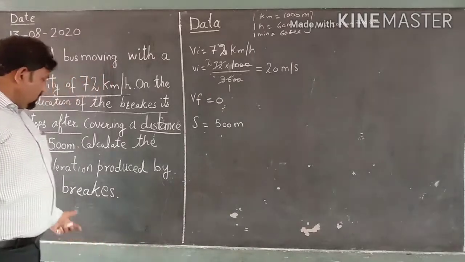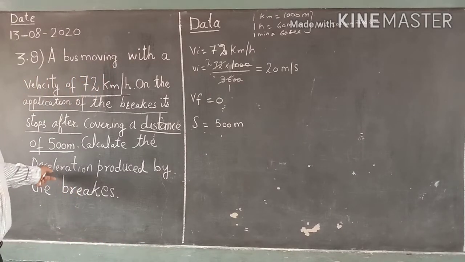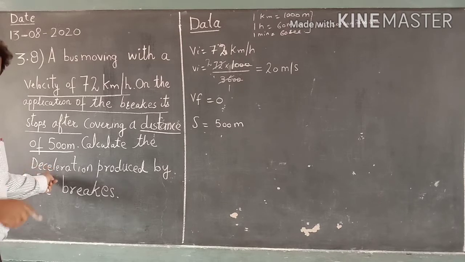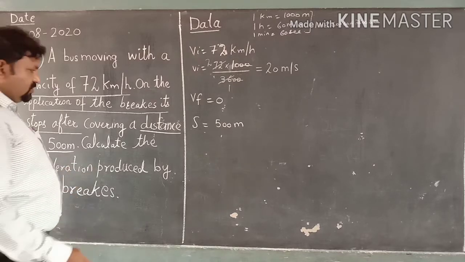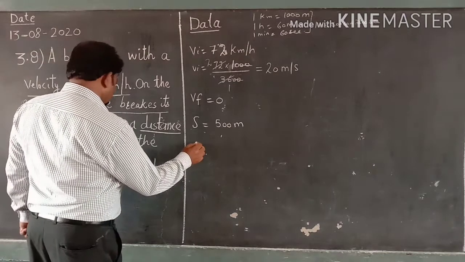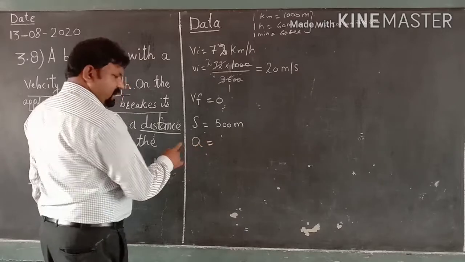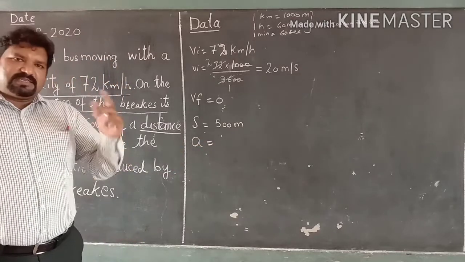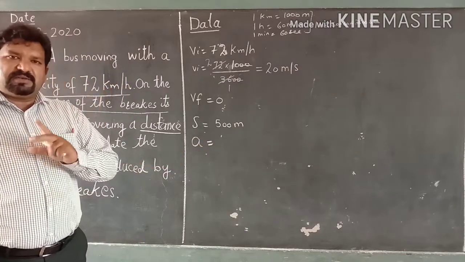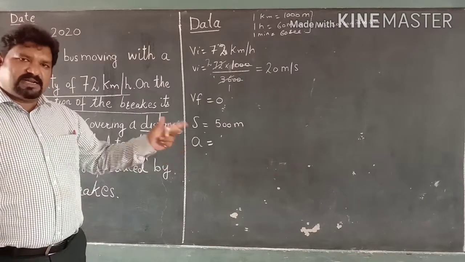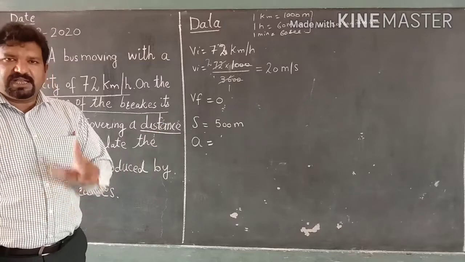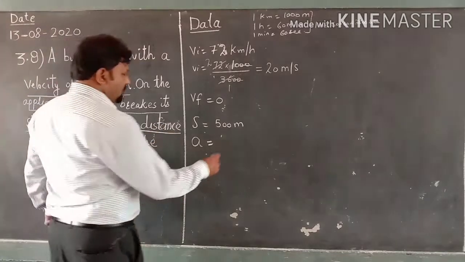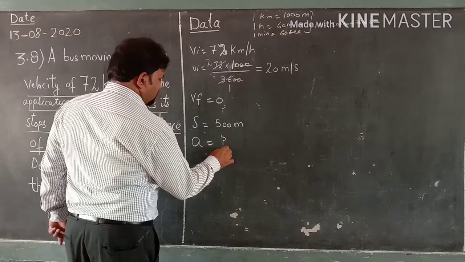It means in this question, deceleration is produced because the direction of the acceleration is opposite to the velocity. So we will write here A, because acceleration and deceleration are both represented by A, but the difference is that acceleration is positive and deceleration is negative. So we will find A.